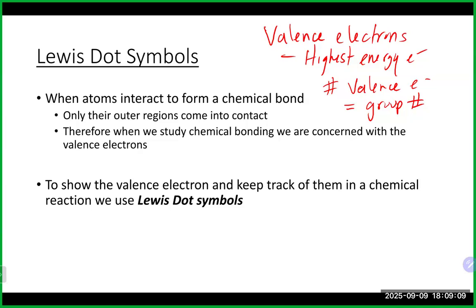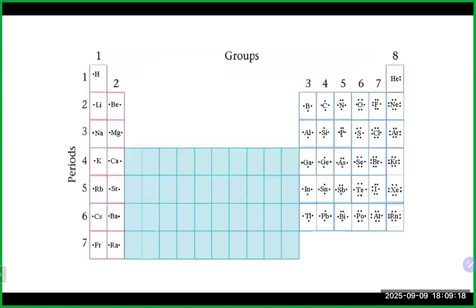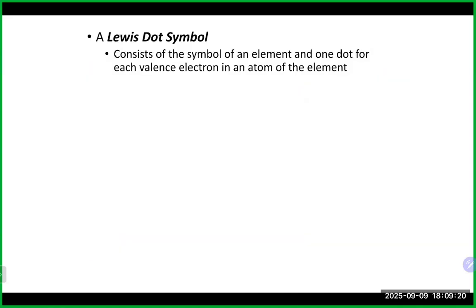It is important to remember that they do have those other core electrons, but only in bonding do we show those valence electrons. So a Lewis dot symbol does basically consist of the element symbol. There's really no fast rule on that other than no more than 2 dots per side. So you just can't go more than 2 dots per side.